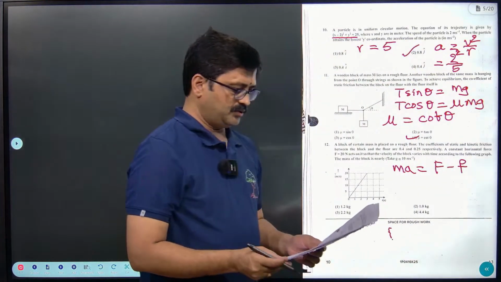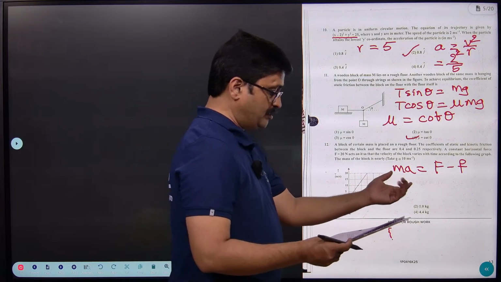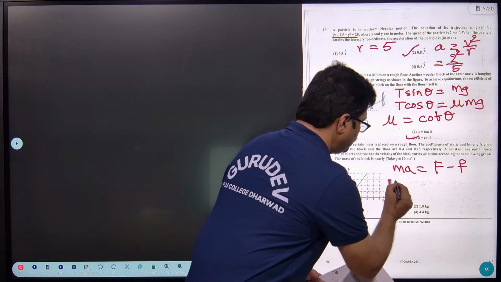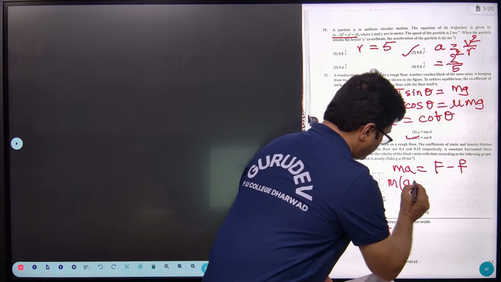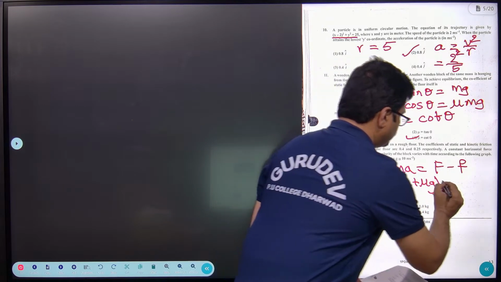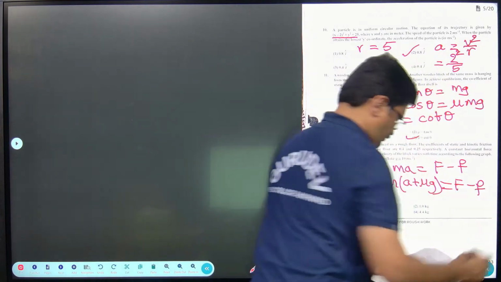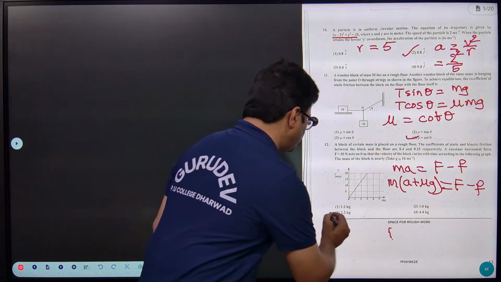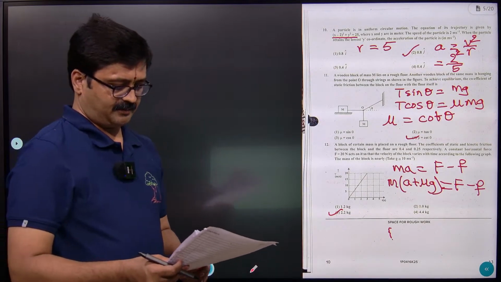Okay, so if you just consider m into acceleration, acceleration a can be written as m into bracket a plus mu g is equal to F minus F. If we simplify this, we will get the answer as 2.2 kg mass. Okay, so this is our answer.